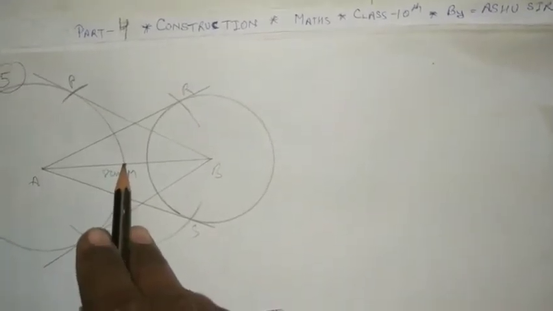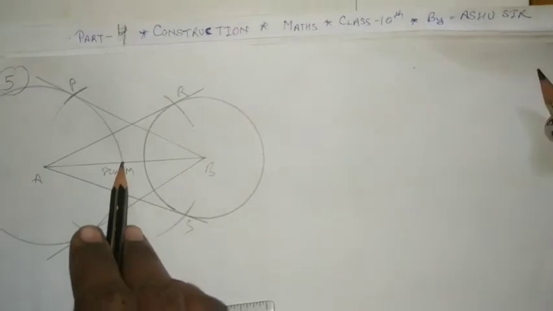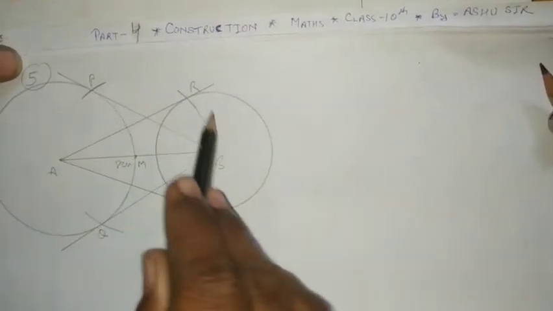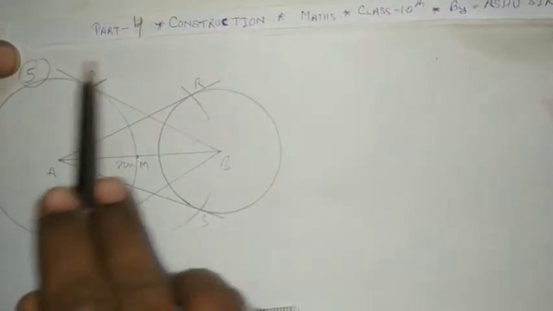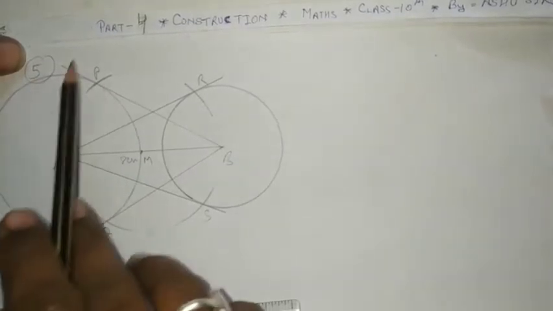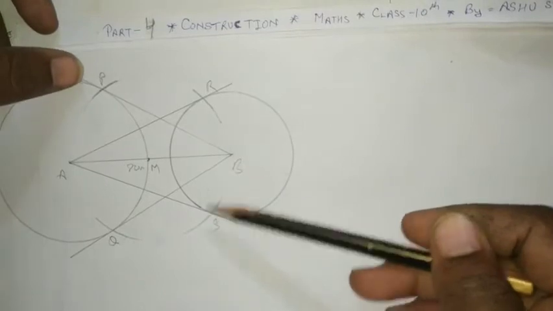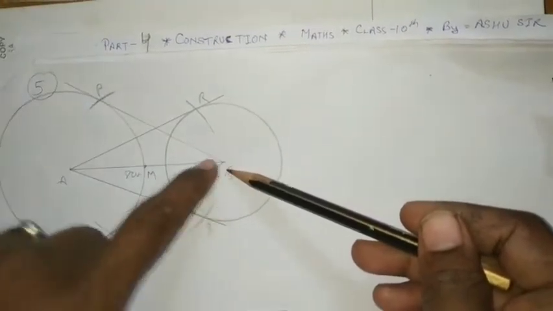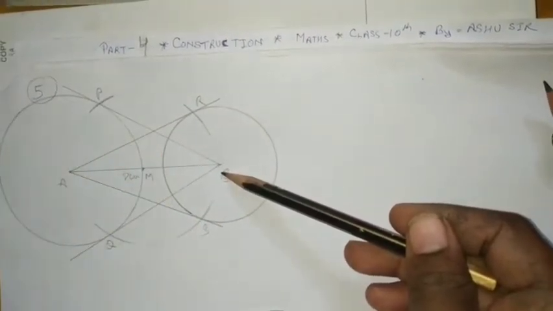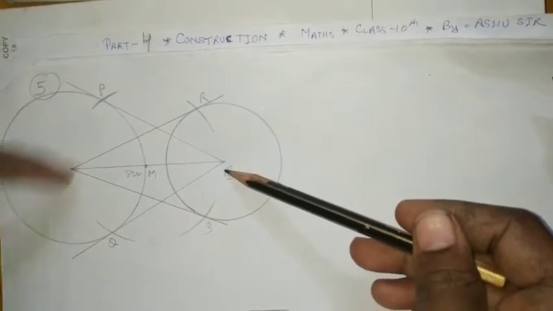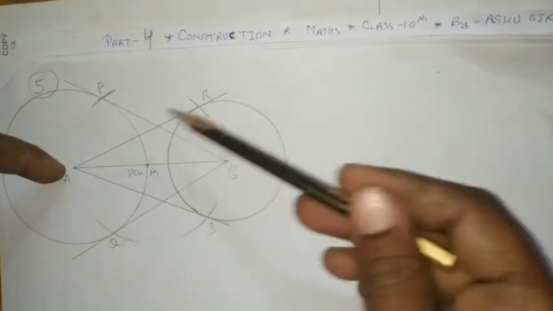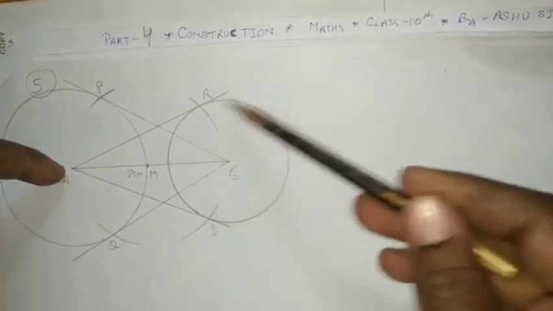Taking M as center and radius 4 cm, draw a circle, and this circle cuts both circles at points P, Q, R, S. When we join BP and BQ, these are the required tangents of the first circle, and AR and AS are the tangents of the second circle.